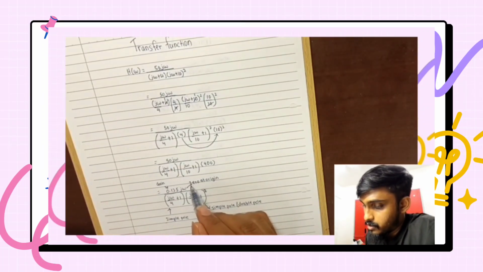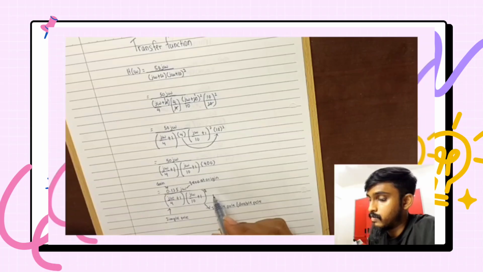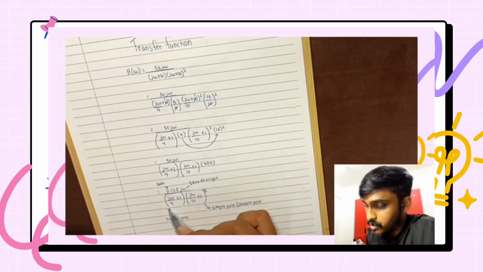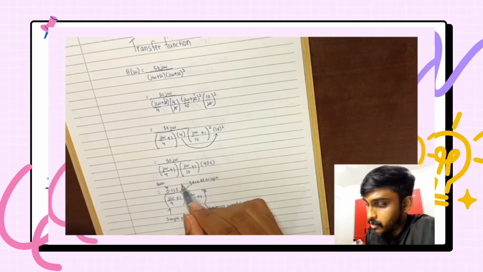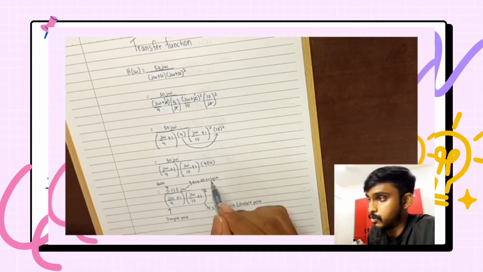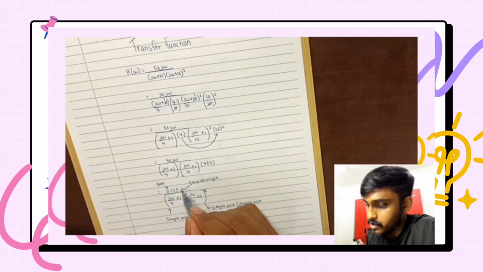The reason we call it a zero at origin is that terms in the numerator are identified as zeros and terms in the denominator are identified as poles. For example, j omega over 4 plus 1, if we keep it in the numerator, we call it a simple zero. That's why we identify this j omega as a zero at origin.